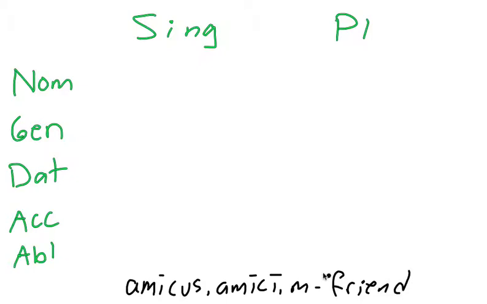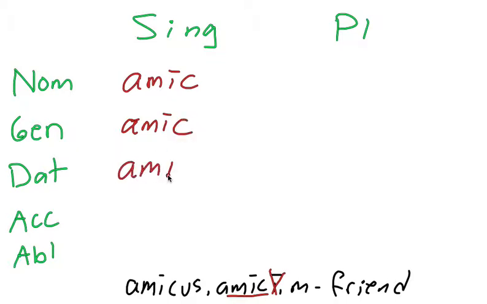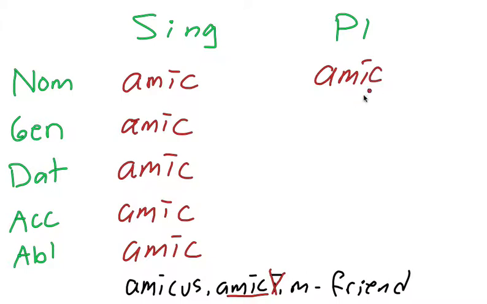I take away the genitive singular ending, the I, and then there is my base. I'm going to write that base through the chart, and then add the endings.